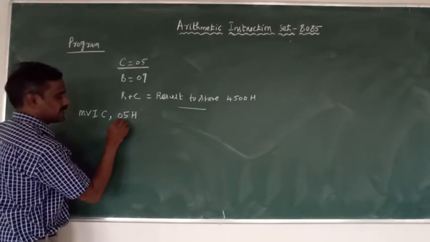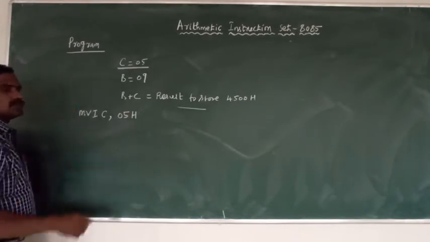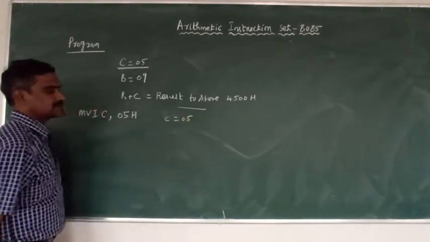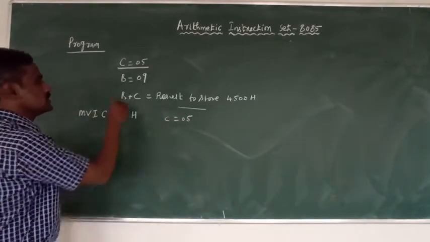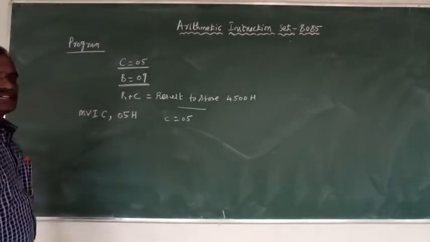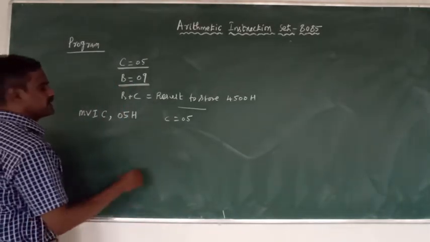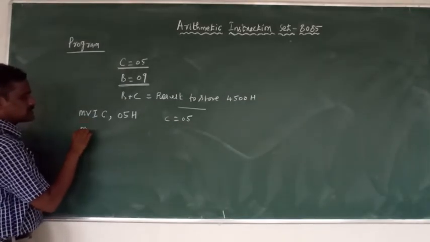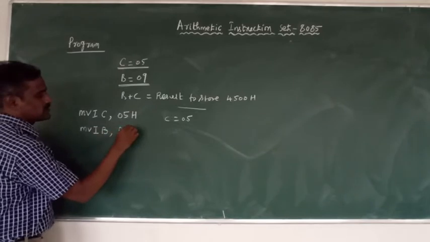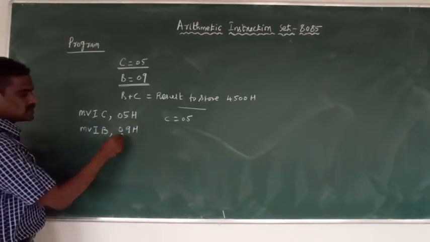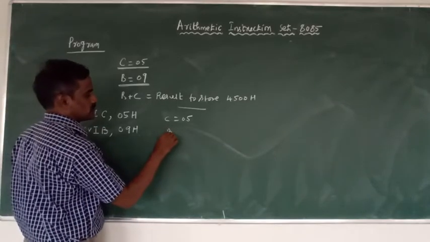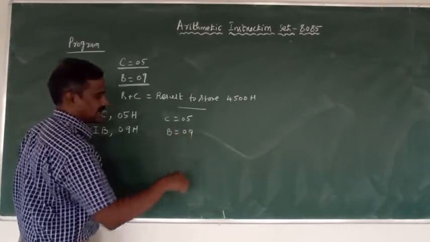The 05 data is immediately moved to C register. Now C equals 05. Next, to initialize B register with 09, we can use the same instruction, MVI B, 09H. Now the 09 data is immediately moved to B register. Now B equals 09.